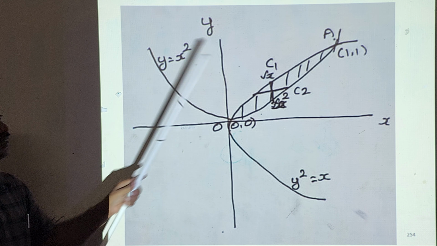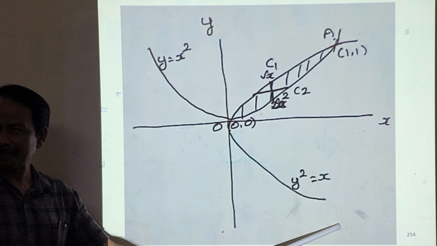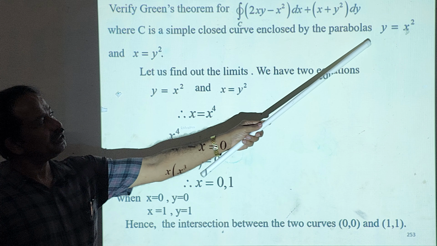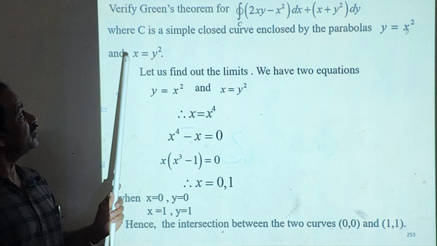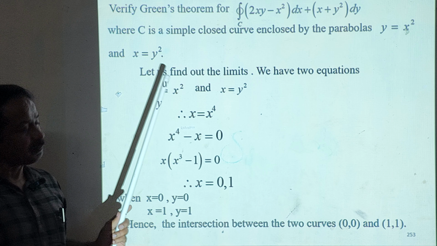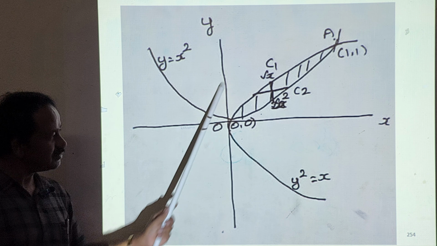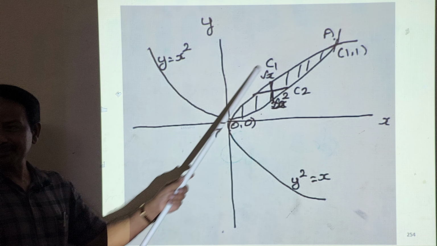See, one is this parabola, another one is this parabola. I repeat, y equal to x squared is one parabola, another one is x equal to y squared.